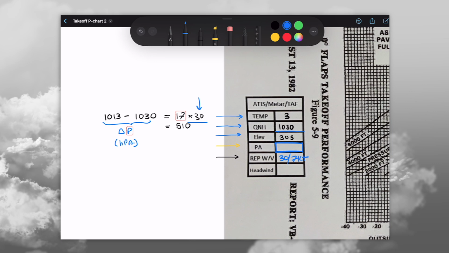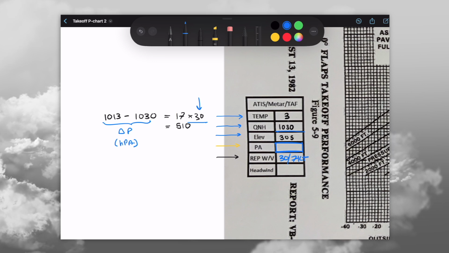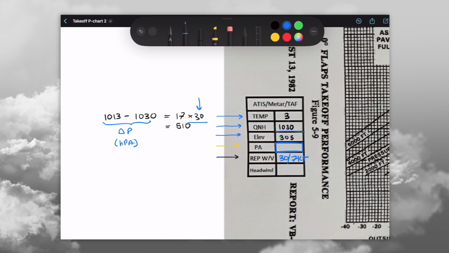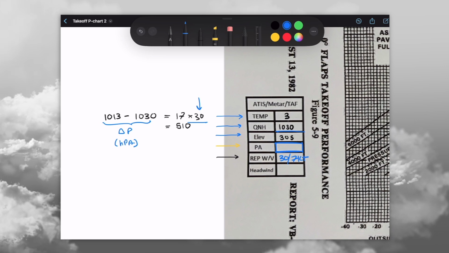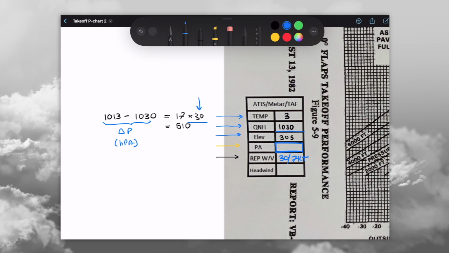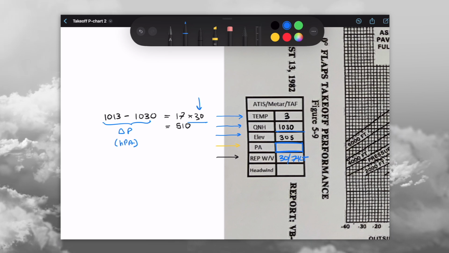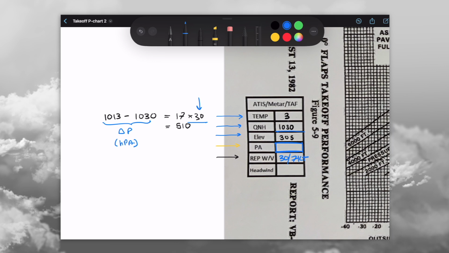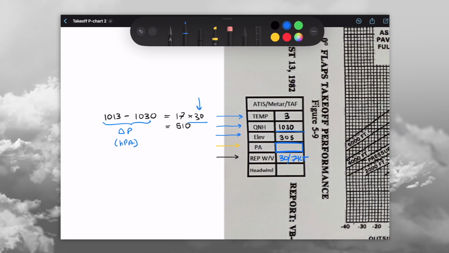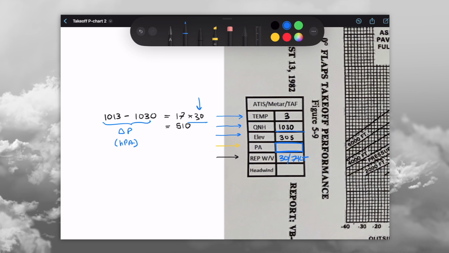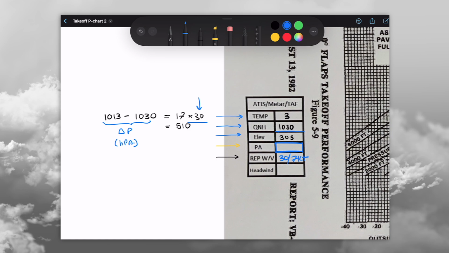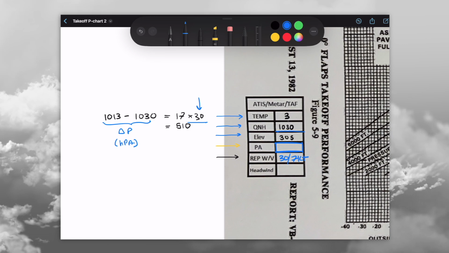And so for every 1 hectopascal that the pressure changes, we can expect a 30-foot increase or decrease for our effective aircraft performance relative to the standard conditions we're modeling, I suppose. Hopefully that made sense.